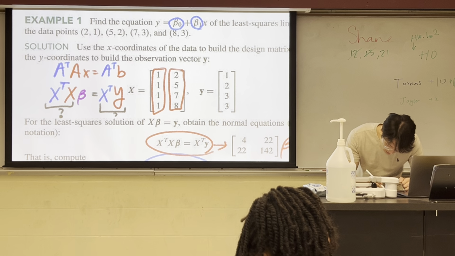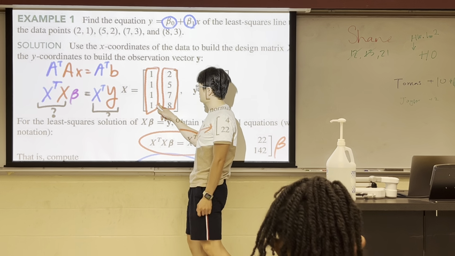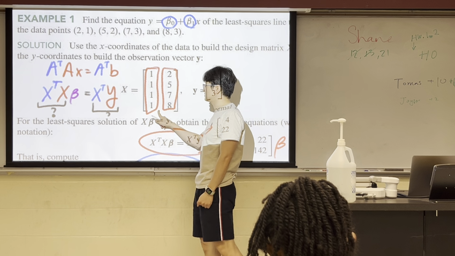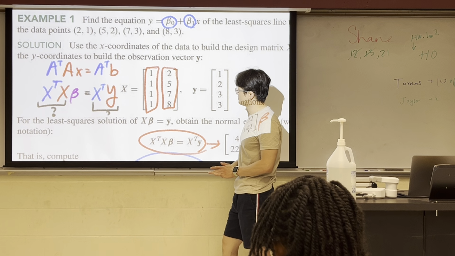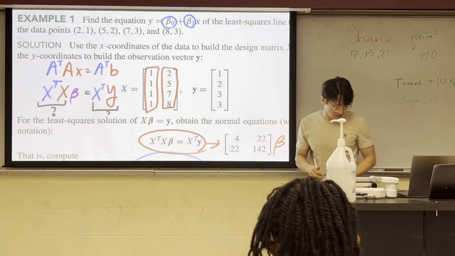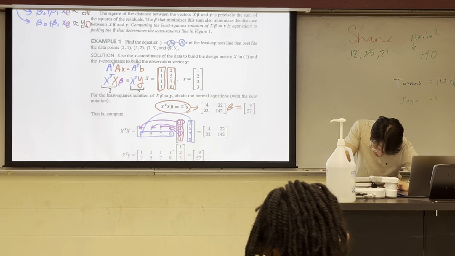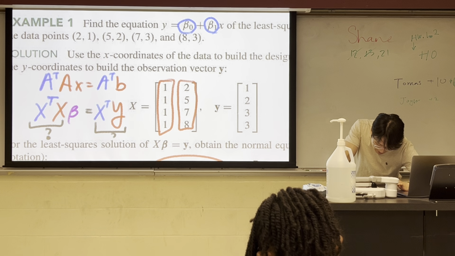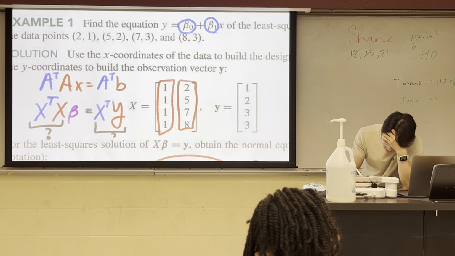So once you compute A transpose X, what is the size of it? 2 by 2? Is it 2 by 2? Really? Yeah, 2 by 2. 4 by 2. Yes, you're right. 2 by 2.